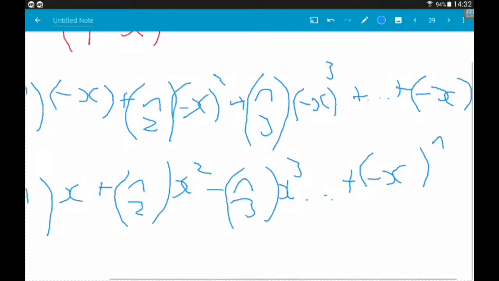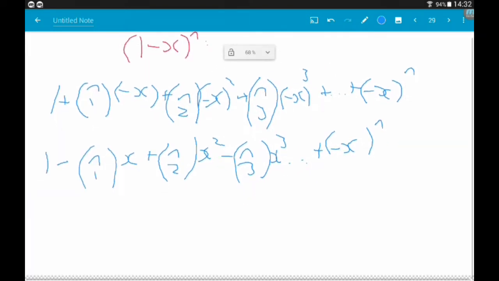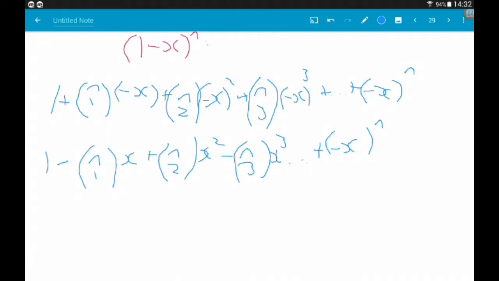So what can we notice here? Well, the coefficients are exactly the same as 1 plus x to the n, except for negative signs. So we can see here every other term is negative, so alternating terms, and it's the terms with the odd powers of x that are negative.